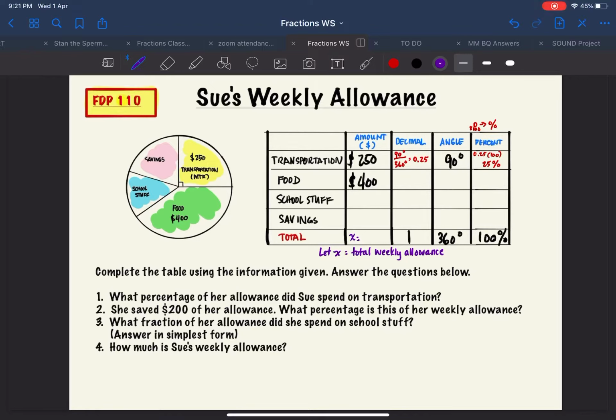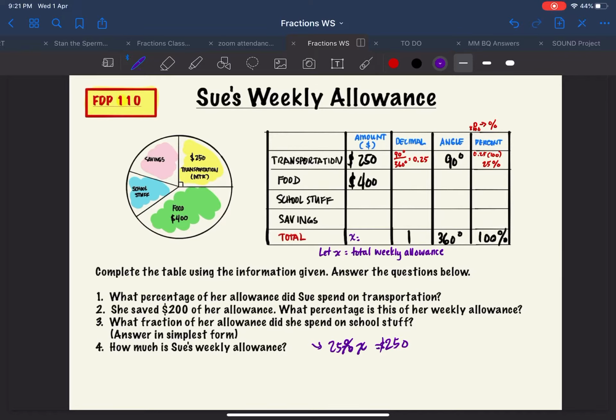So since we know x is the weekly allowance, we know 25% of x. Why 25%? Because that is the percentage of transportation. Okay, so we know if we multiply 25% by the total amount of the weekly allowance, we will get 250. Okay, so 25% of x equals $250.